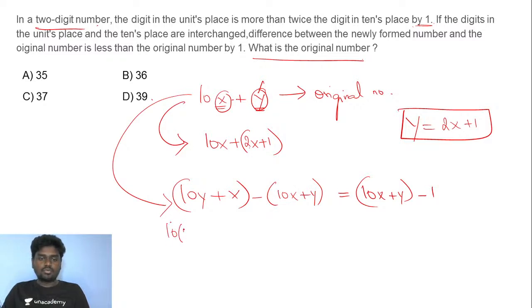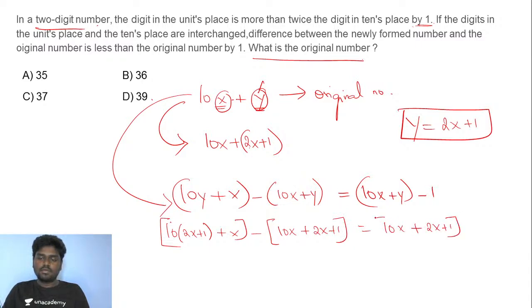It will be 10 into 2x plus 1 plus x minus 10x plus 2x plus 1 equal to 10x plus 2x plus 1 minus 1. So if that is the case, now try to find this. What will you be getting?